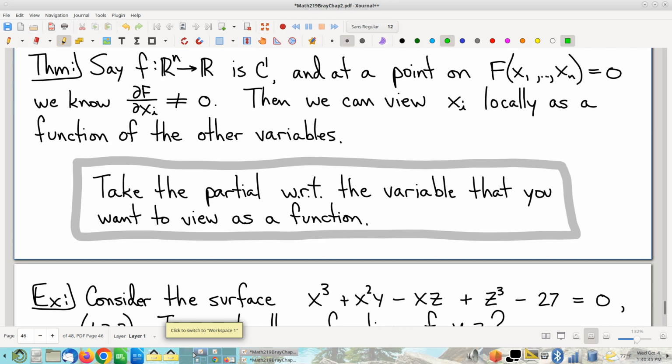Okay, all right. So here's what we were doing last time. We were talking about the implicit function theorem.